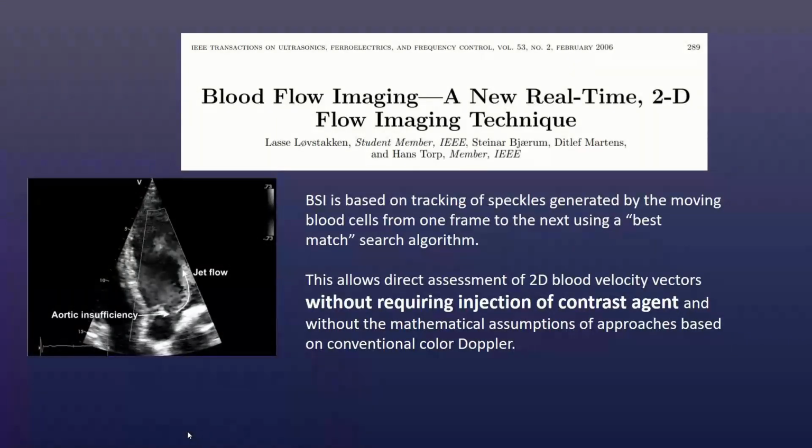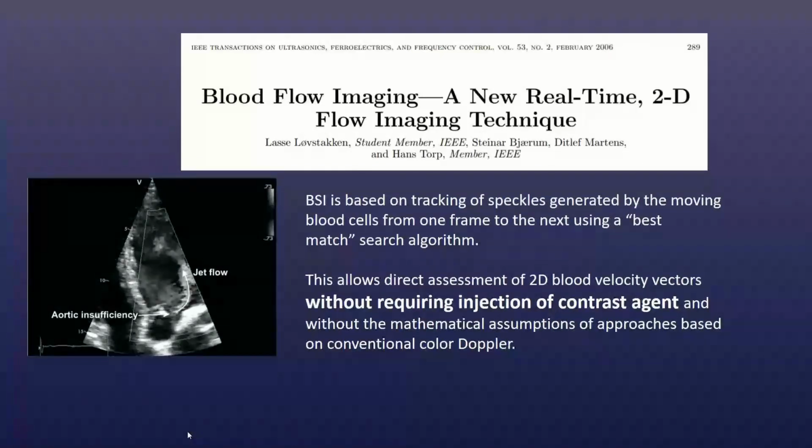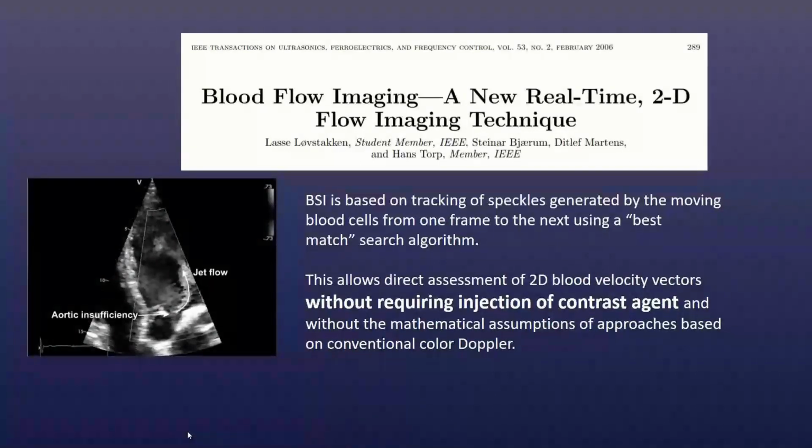In this way, we can assess blood velocity vectors without injection of contrast agents and without any mathematical assumption based on conventional color Doppler. However, this approach can only be done in children because we need a probe with a very high frequency and a very high frame rate, or it can be obtained by using a transesophageal probe, because we need to obtain a very high frame rate.